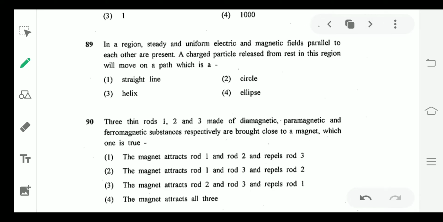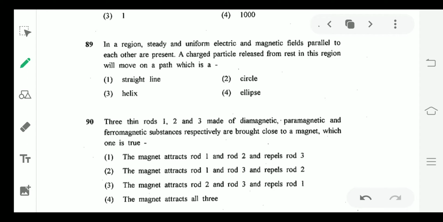Next question is, in a region steady and uniform electric and magnetic fields parallel to each other are present. A charged particle released from rest in this region will move on a path which is. Here the magnetic and electric field both are parallel to each other and a charge is moved.